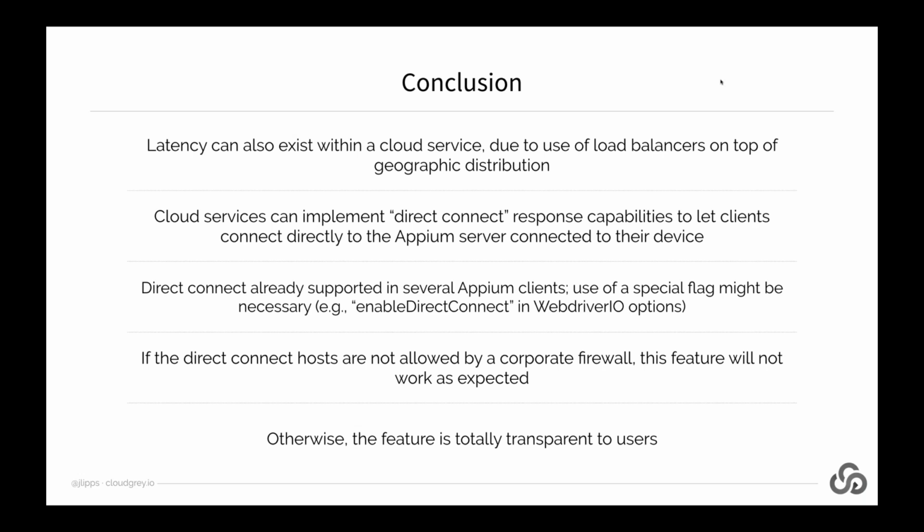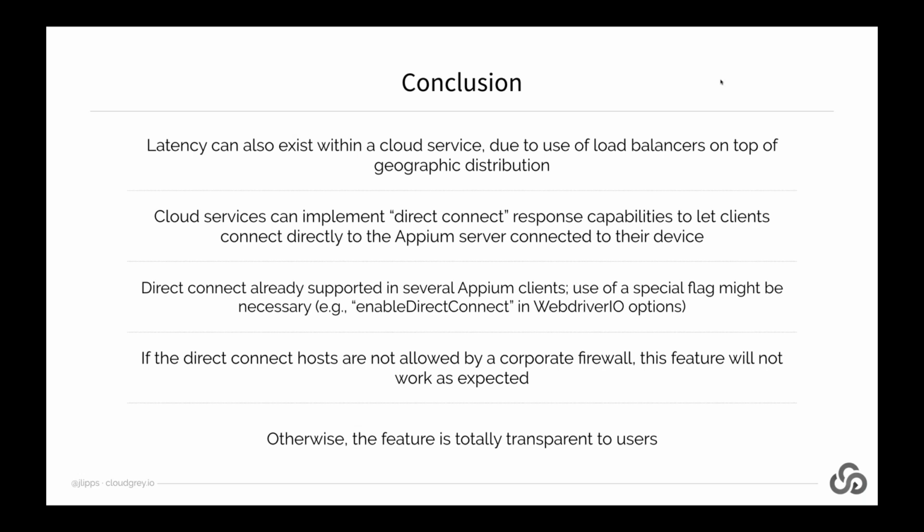The other thing is that because you might want to enable or disable Direct Connect on the client side, you might have to include a special flag in your client initialization options to turn this on. So for example, in the WebDriverIO library, which I use to run all these tests, to turn Direct Connect on the client side, you have to set the enable Direct Connect configuration object to true.